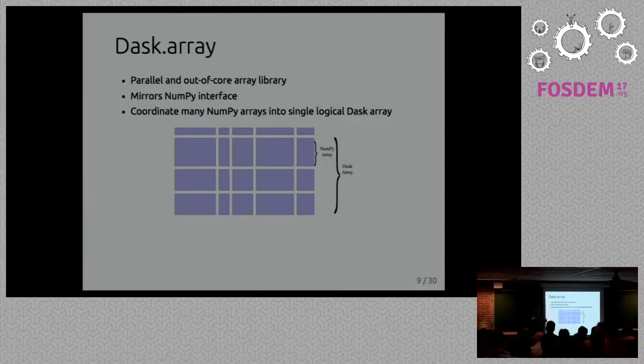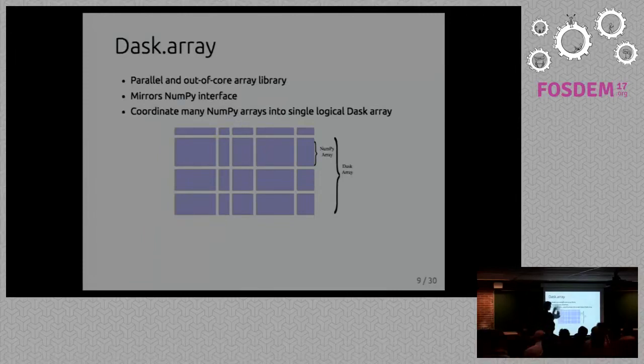So the Dask array will coordinate that collection of NumPy arrays. If you want to do a sum of a very big array that doesn't fit in your memory, or you want to do that sum in parallel, it will read in all the different chunks, take a sum of each chunk and then combine those different sums.